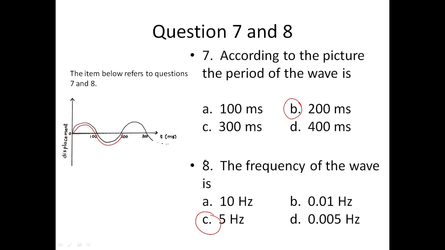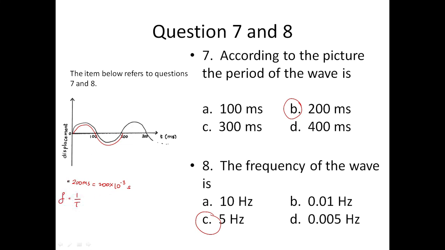Okay, so that's 200. And it says the frequency of the wave is 5 Hz. So how would you do this? First you have to convert milliseconds to seconds. So 200 milliseconds is actually equal to 200 times 10 to the negative 3 seconds. And so you divide that now by 1, because remember that frequency is equal to 1 over period.